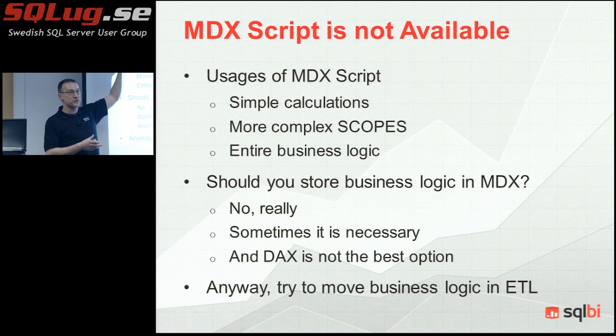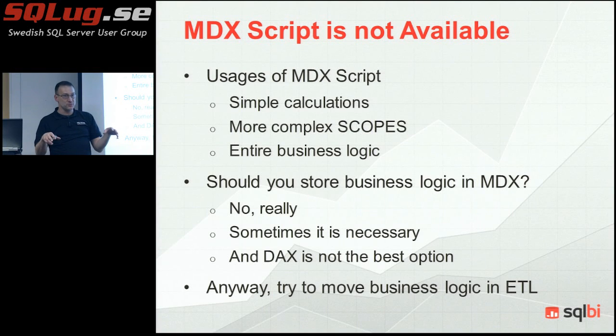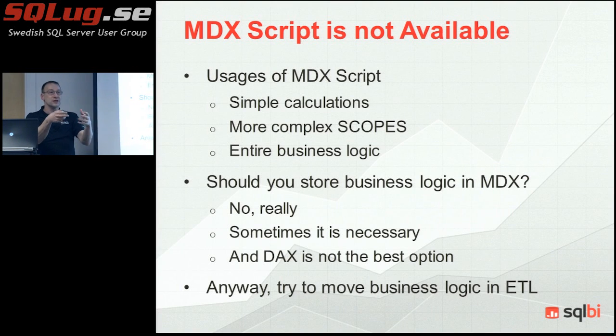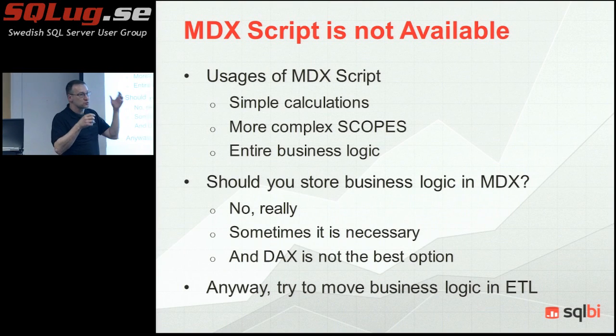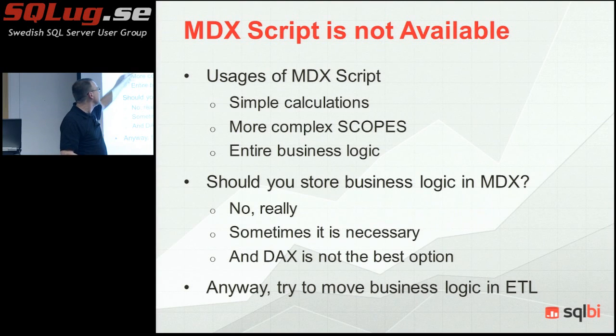The higher the number of lines, the lower the quality of the cube. Because a very good cube doesn't need much MDX, just a few create measures and then some code to create new measures or to apply attributes or to do something strange. But if you start using scope to correct bugs, then of course you are not designing the correct cube.